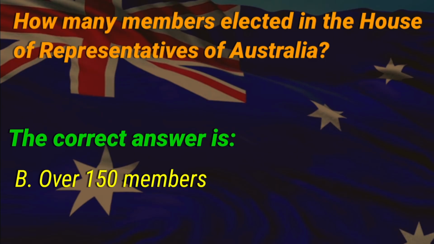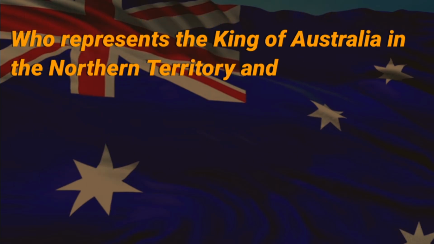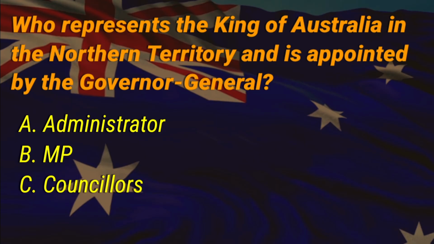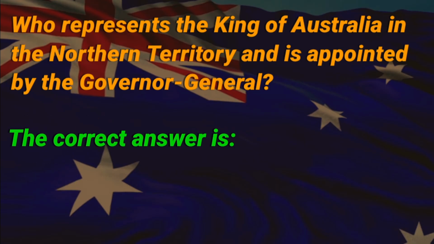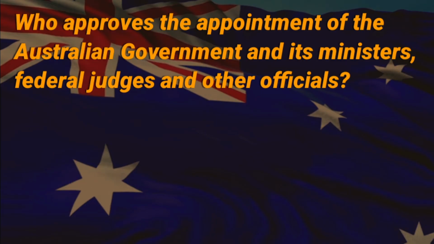Over 150 members. Who represents the King of Australia in the Northern Territory and is appointed by the Governor-General? A. Administrator, B. MP, C. Councillors. The correct answer is A. Administrator. Who approves the appointment of the Australian government and its ministers, federal judges, and other officials?